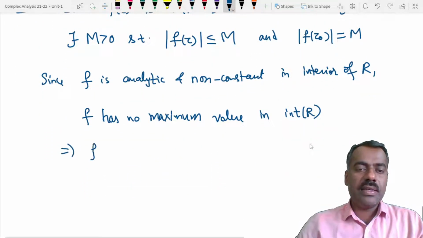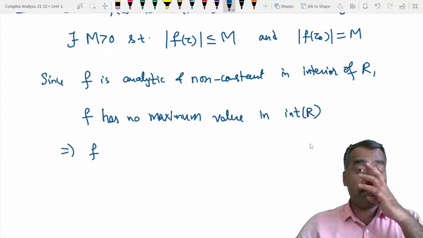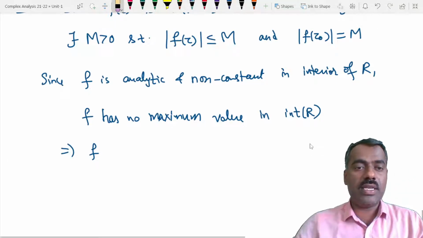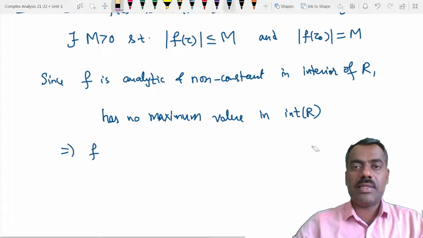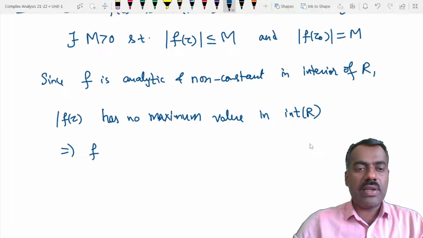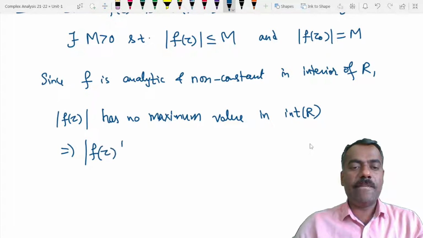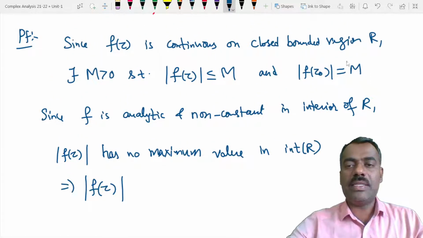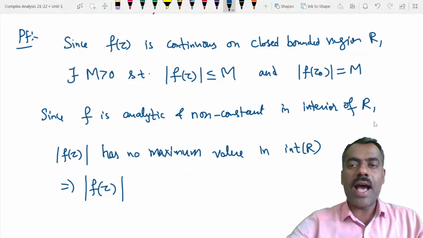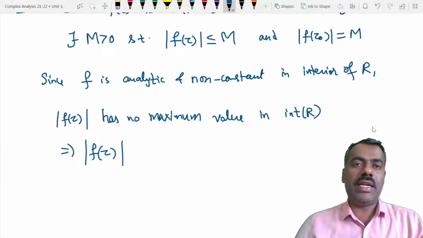Whenever I write this, because it is a complex valued function, we have to say mod f of z. So mod f of z has no maximum value in the interior, but definitely has a maximum value in R. That means the maximum value should be attained on the boundary.